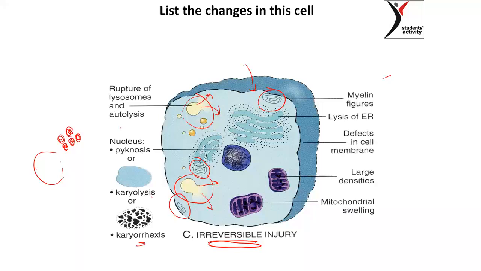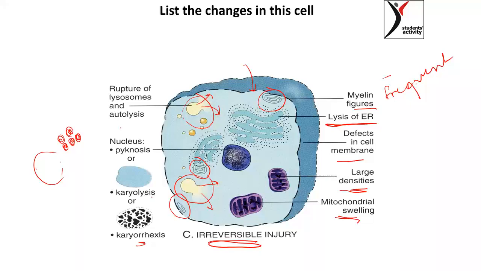You can notice a lot of myelin figures, frequent myelin figures. Not only one myelin figure, they are frequent. You have lysis of endoplasmic reticulum with loss of the membrane surrounding it. We have defects in the cell membrane. You have large densities in the swollen mitochondria. All these are ultrastructure changes of irreversible injury.